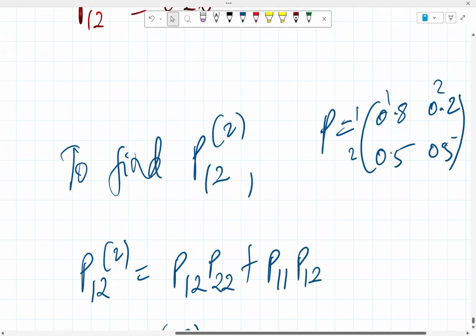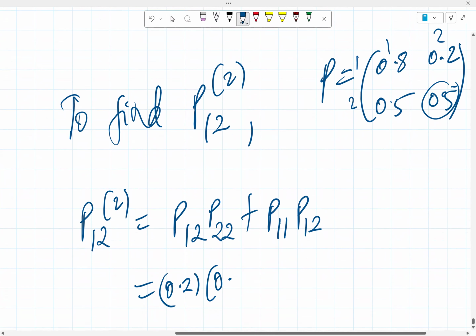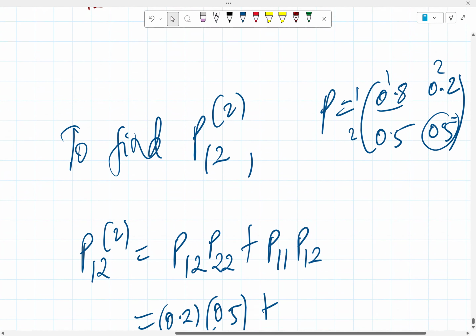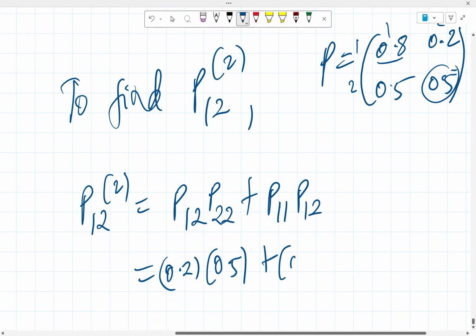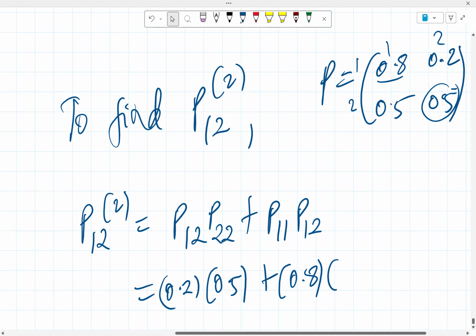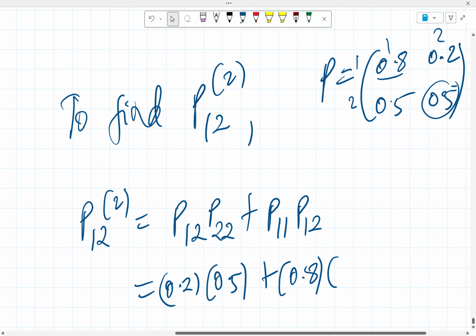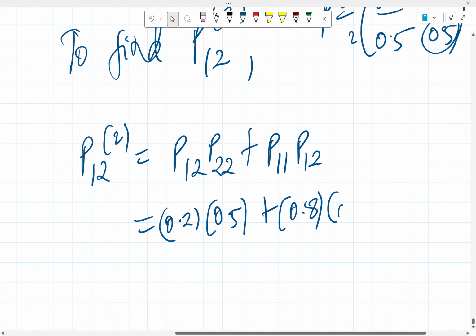P22 is 0.5, so we have 0.5, plus P11. P11 is 0.8. Then P12 is still 0.2.